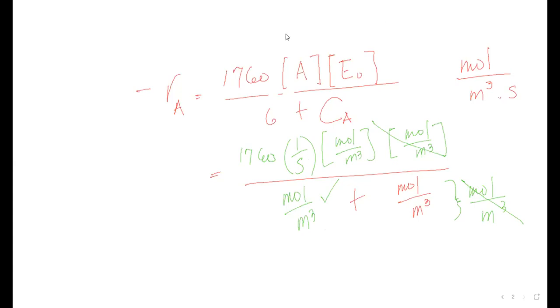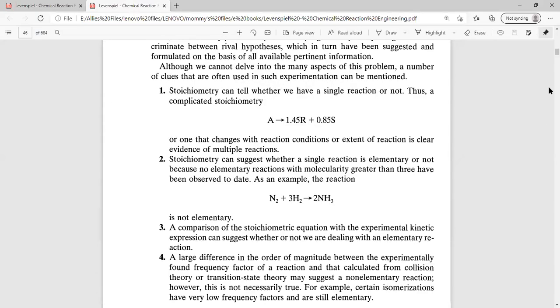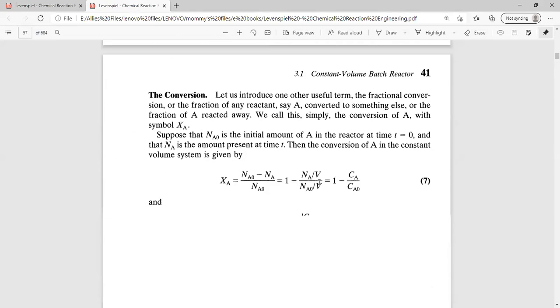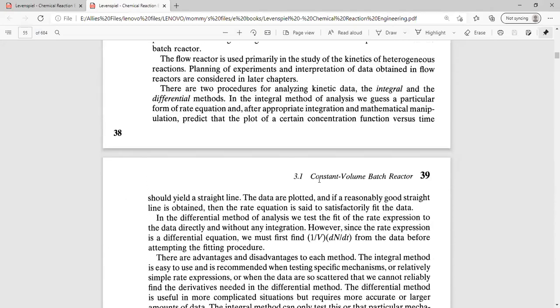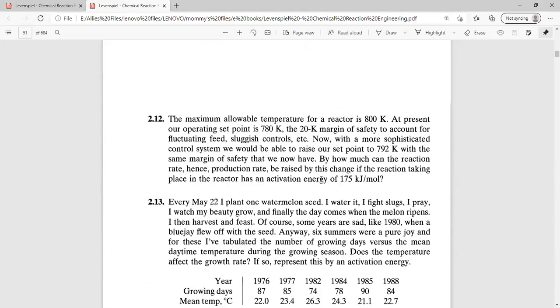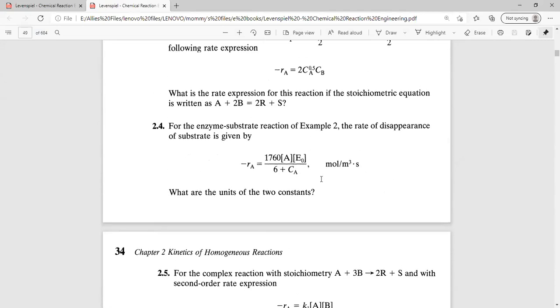So we go back to Levenspiel and check for more problems that we can answer. We're here. So we're done with that.